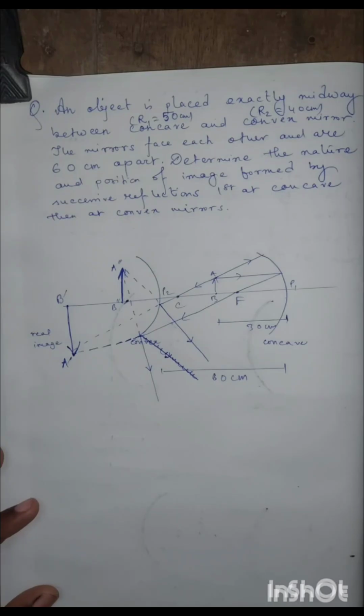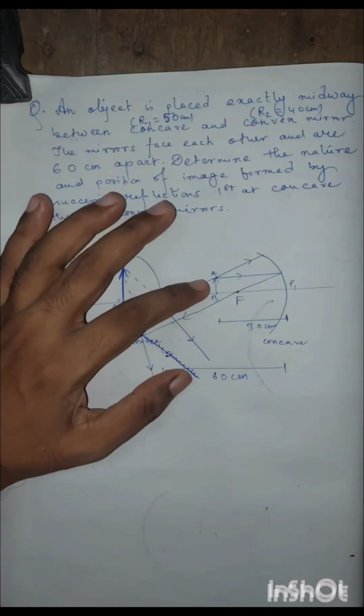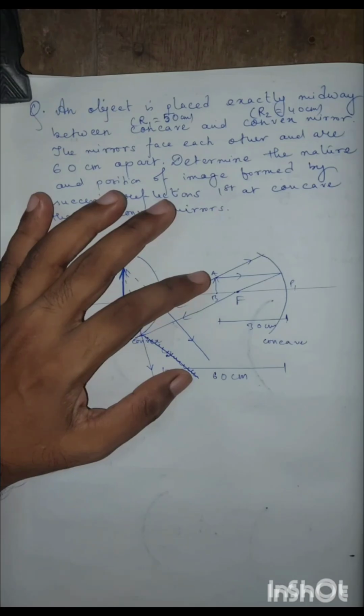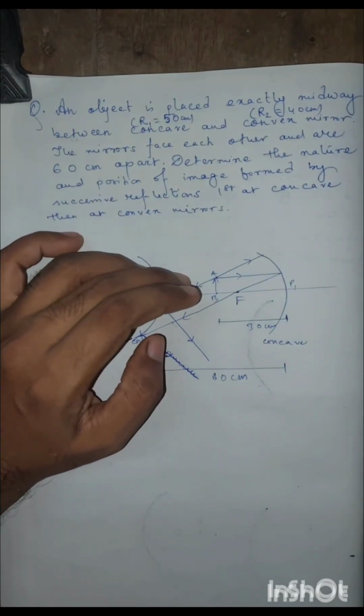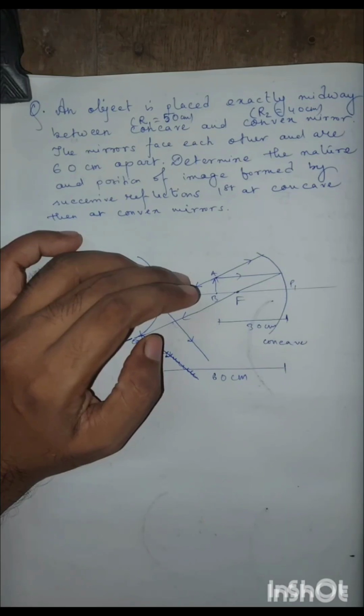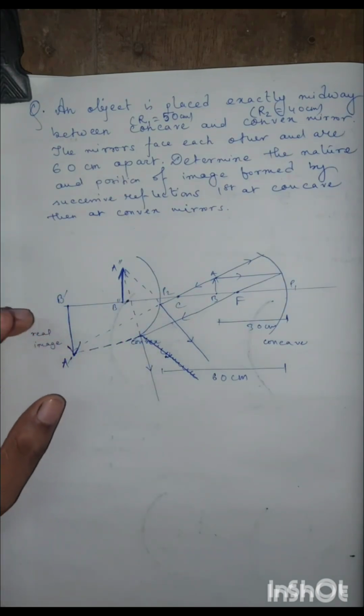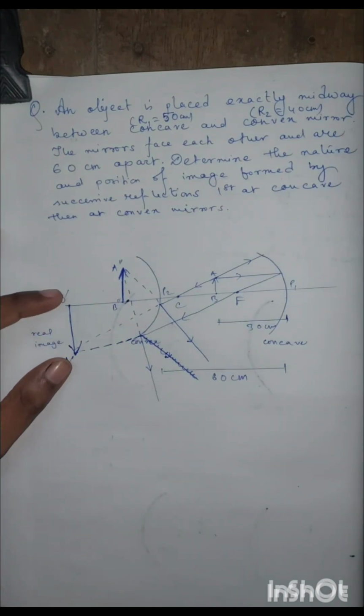So, when an object is placed in front of a concave mirror, a real image is formed of that object.